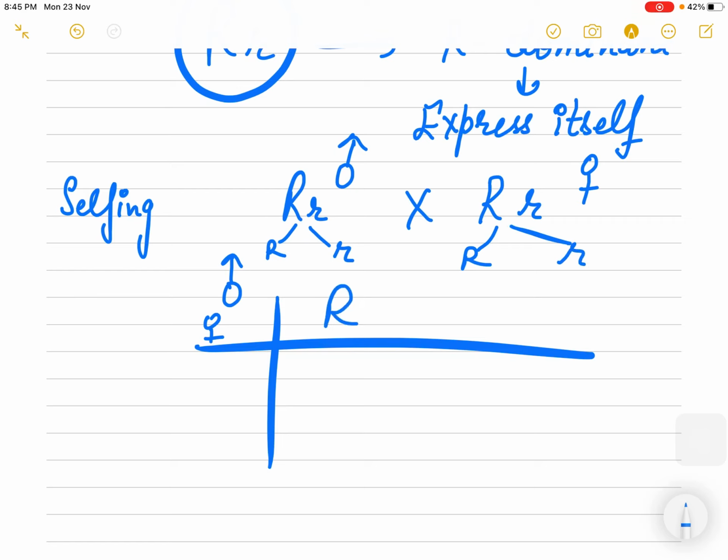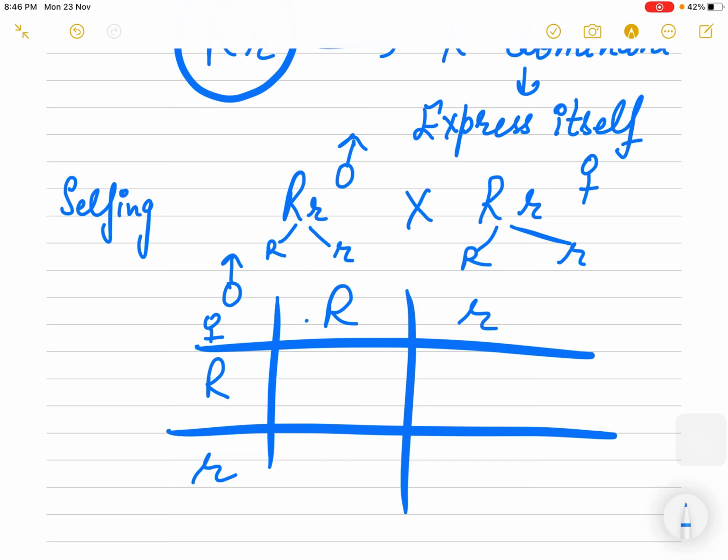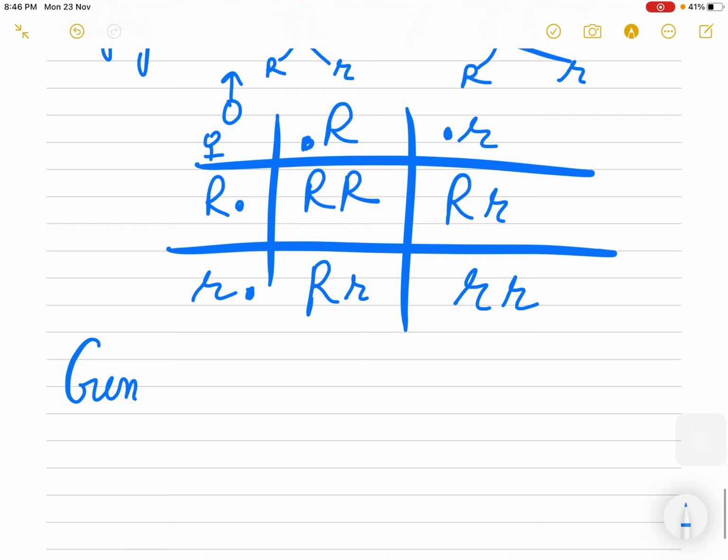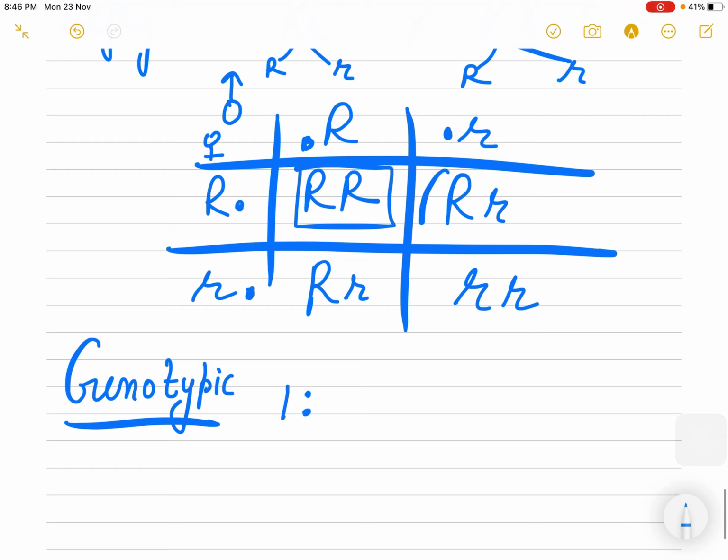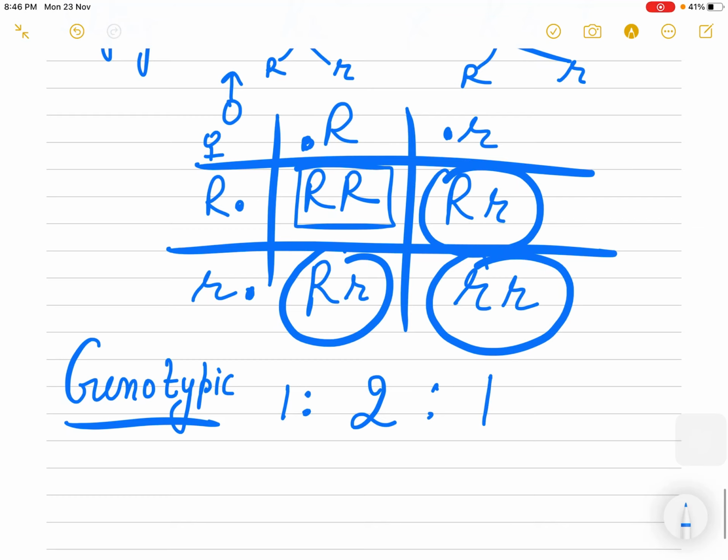R r, the same kind of gametes will be there, R r. Now cross them. RR. Then Rr, rr. Then capital letter, always write dominant first and recessive afterwards. So here, if I ask you the genotypic ratio, it will be 1 pure, 2 hybrid, 1 dwarf.